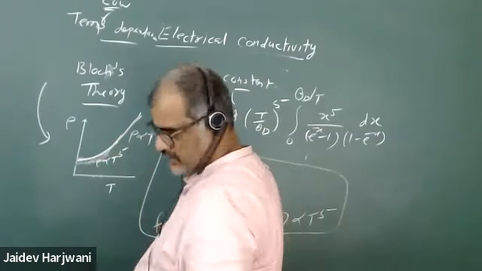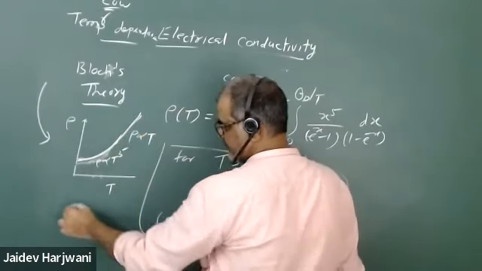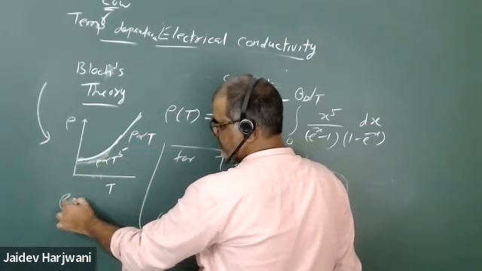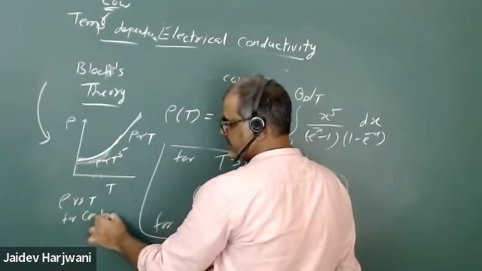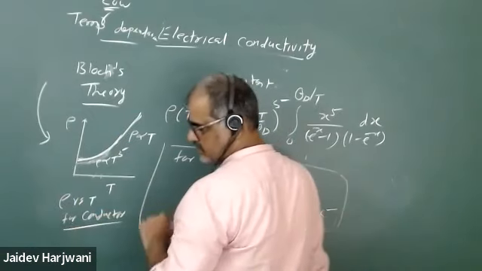This is the plot of resistivity rho versus T for conductors or metals.